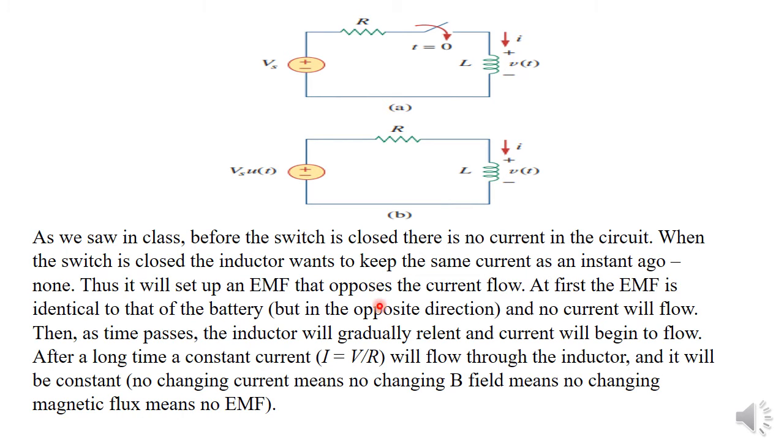At first, the EMF is identical to that of the battery, but in the opposite direction, and no current will flow. As time passes, the inductor will gradually relent and current will begin to flow. After a long time, a constant current will flow through the inductor.